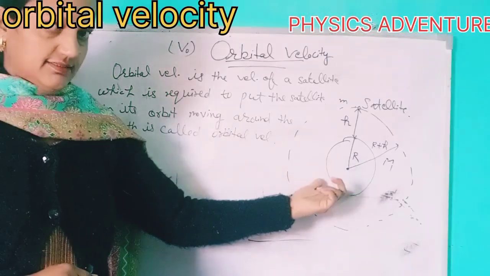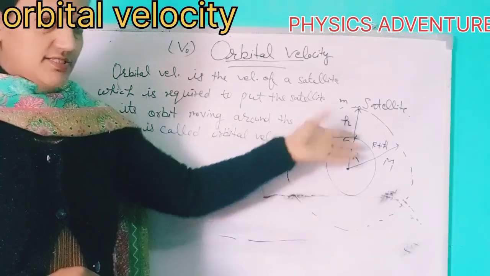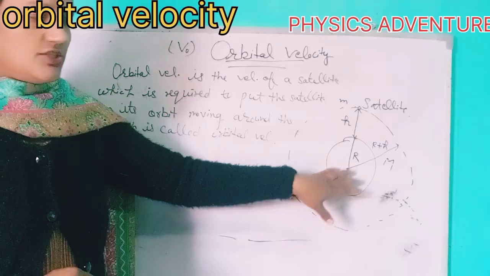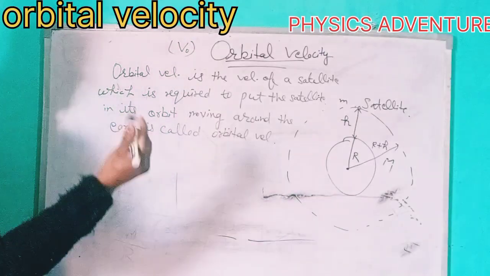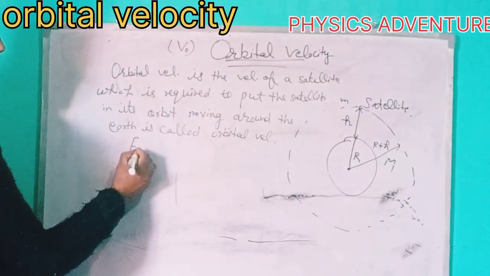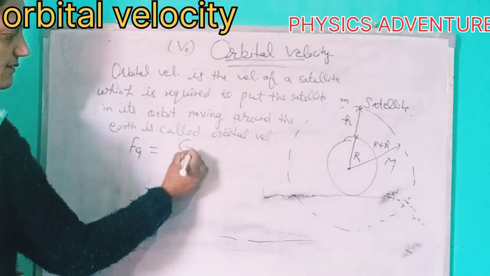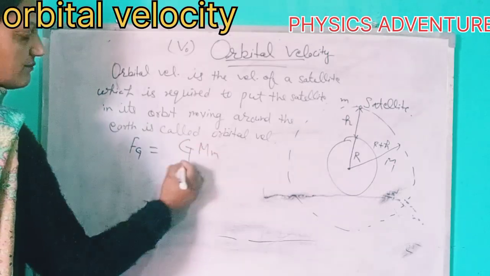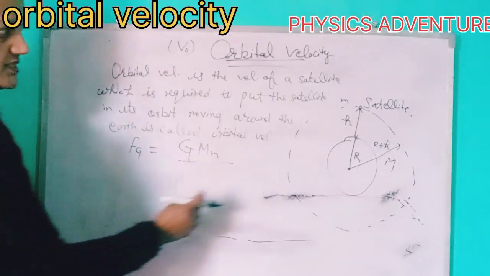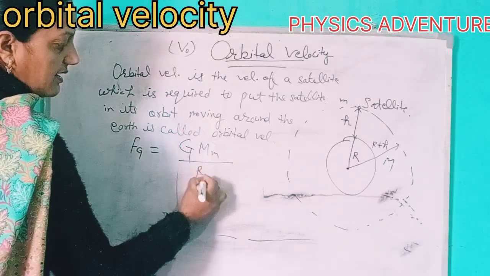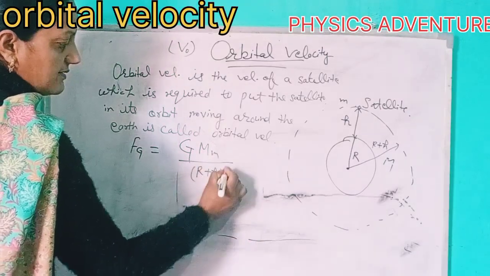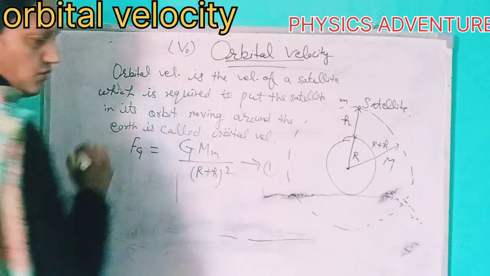And here is the Earth having gravitational force, because there is gravity on the surface of this Earth. So we can see that gravitational force is equal to capital G M m over r square. But here r is (R plus h) whole square, equation number 1.